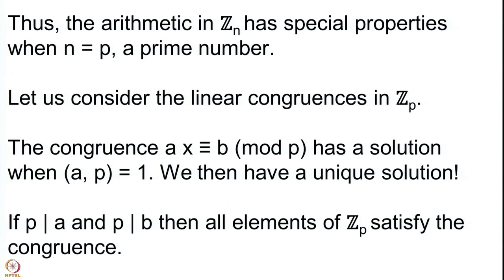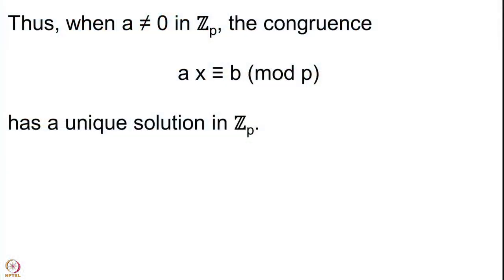So, barring the cases where p divides a, the interesting cases are where p does not divide a, or when you are looking at the elements in Z_p, you are looking at the case where a is not equal to 0. Whenever a is not equal to 0, the congruence ax equal to b has a unique solution. This is something which happens for complex numbers, for real numbers, and for rational numbers also.